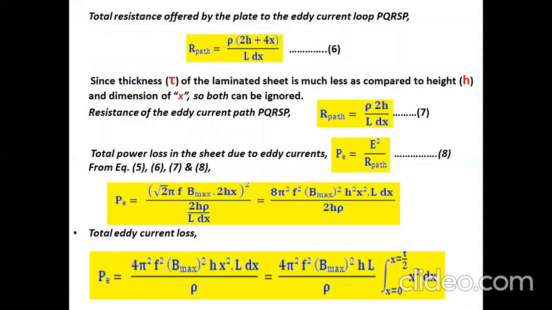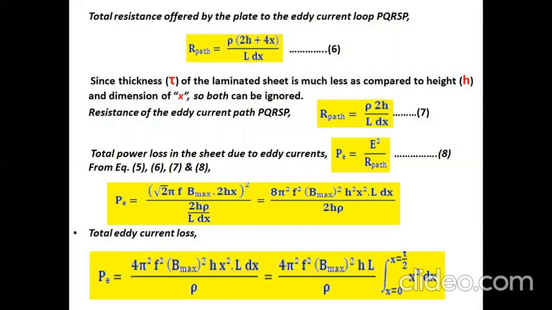Total resistance offered by the plate to the eddy current loop PQRSP, that is the resistance path, equals rho times 2h plus 4x divided by L dx. Since thickness tau of the laminated sheet is much less as compared to height h and dimension of x, so both can be ignored.